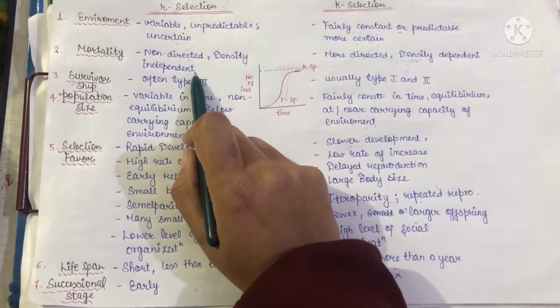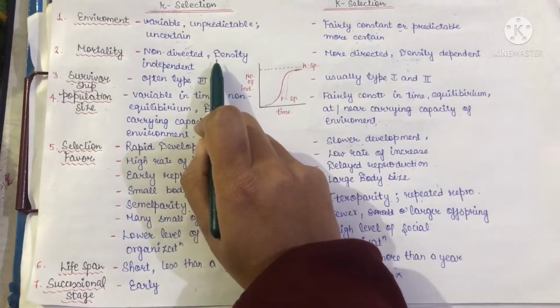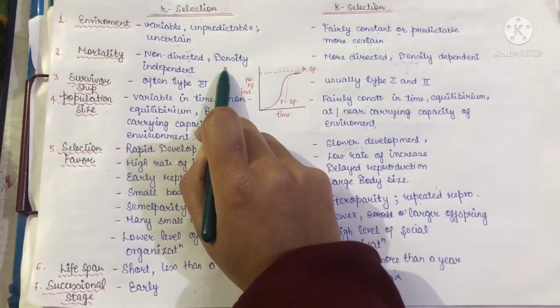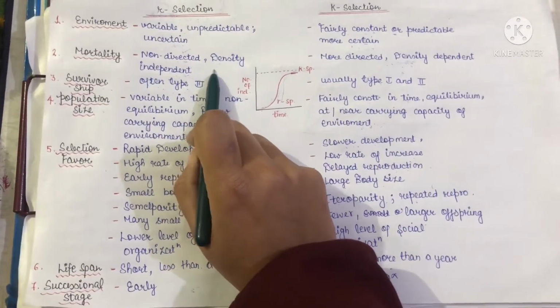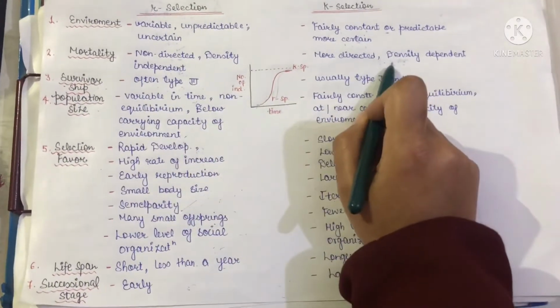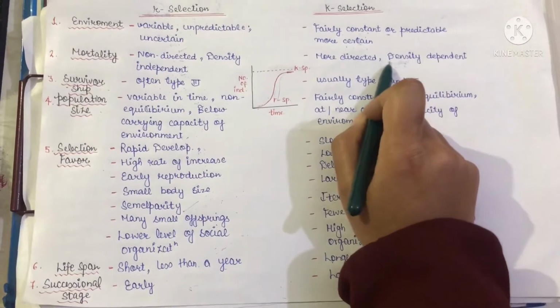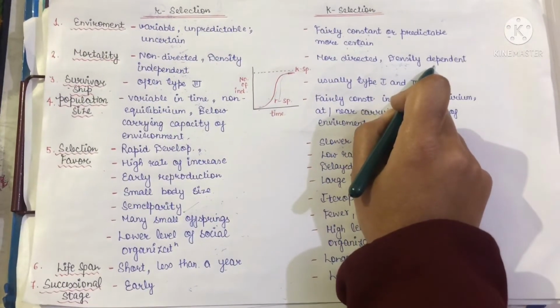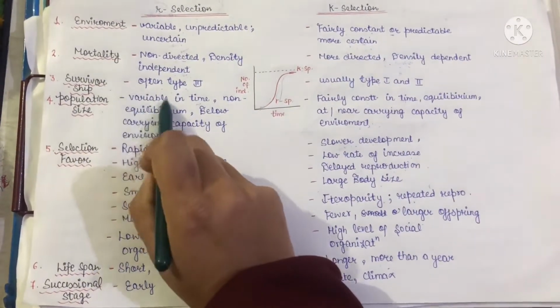Why? Because they have high ability to reproduce, or they reproduce their offspring very rapidly, and the density is not affected at all. But not in case of K selected species, as they reproduce very few offspring, so they are affected by natural calamities, right?